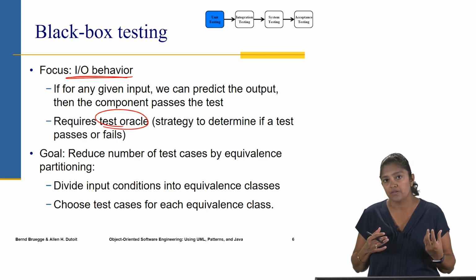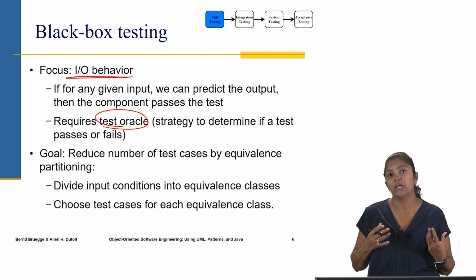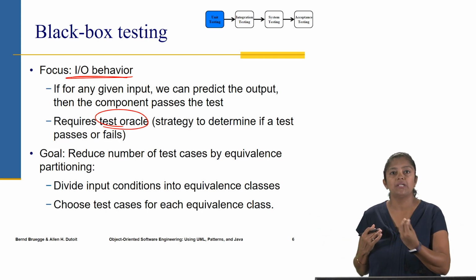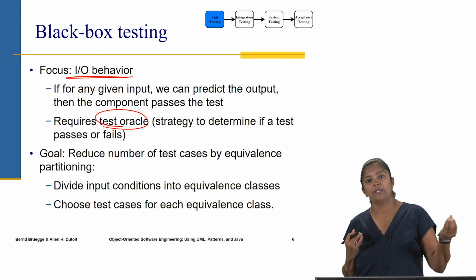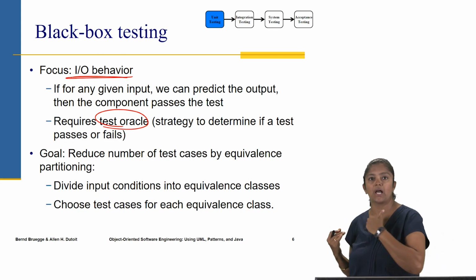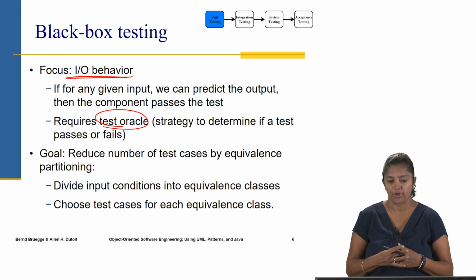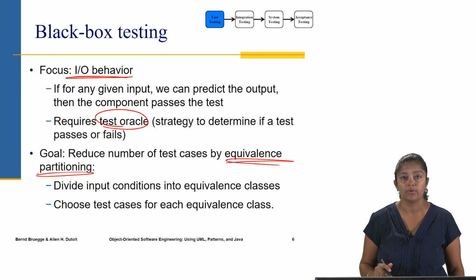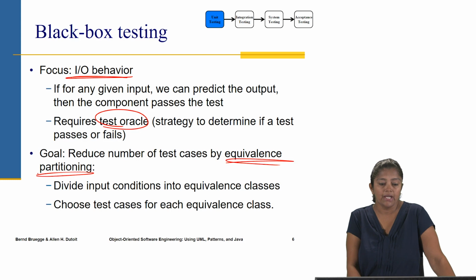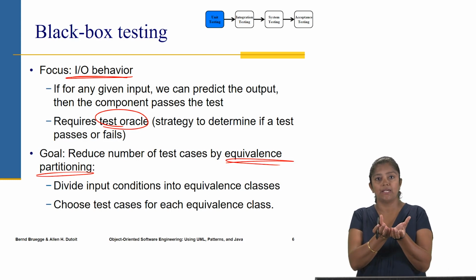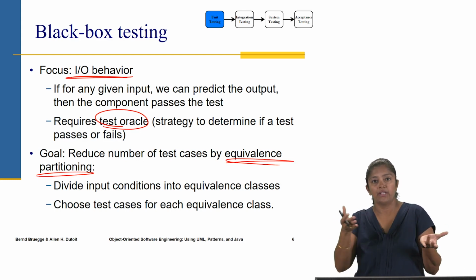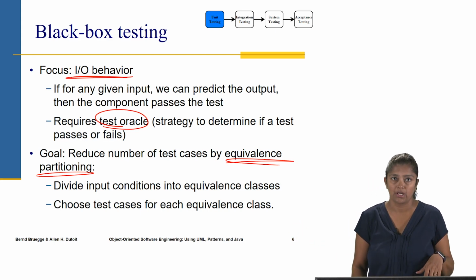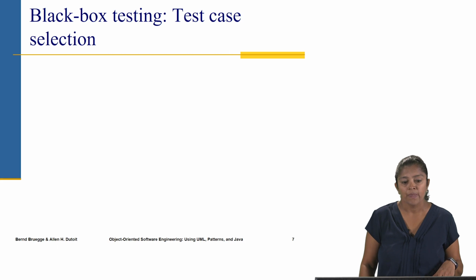And the way it's reduced is by coming up with equivalence classes of test cases, so that we can use one test case from each equivalence class and test for it. This technique is called equivalence partitioning, and we'll look at a few examples of this. The idea is to analyze the inputs and then divide them up into different equivalence classes, so that we can choose one test case from each equivalence class.